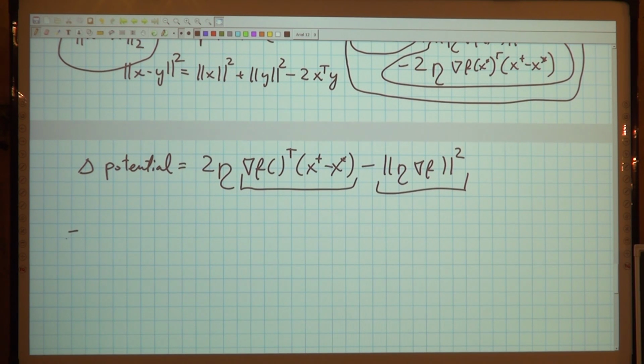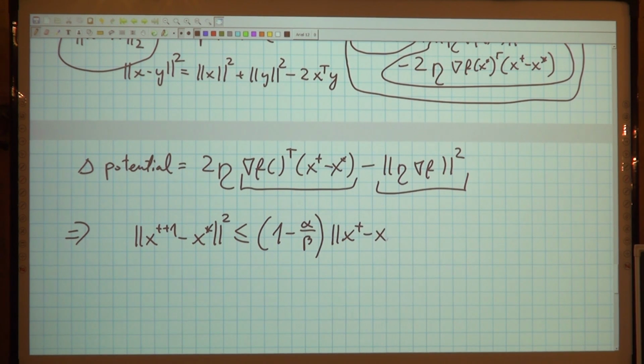But what you will get out of this is that your potential, how far you are from the optimum after the step, will be roughly 1 minus alpha over beta times the previous distance, xt minus x star.